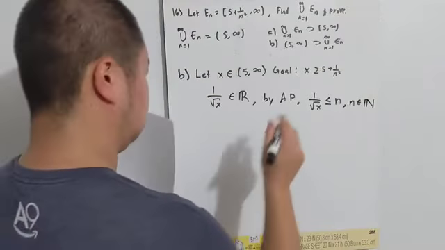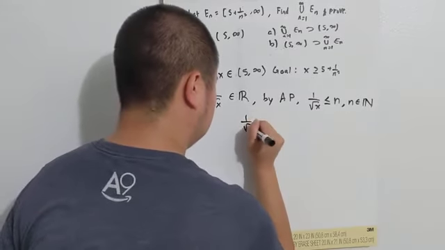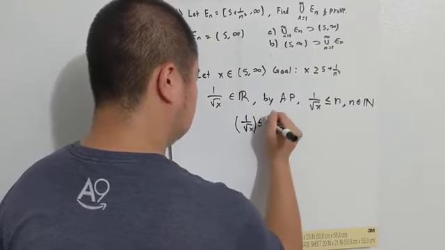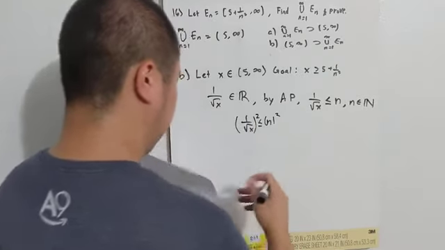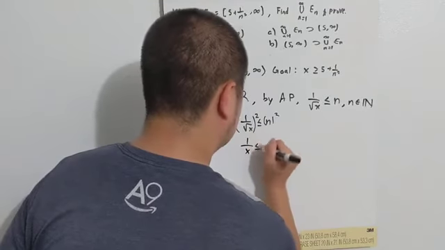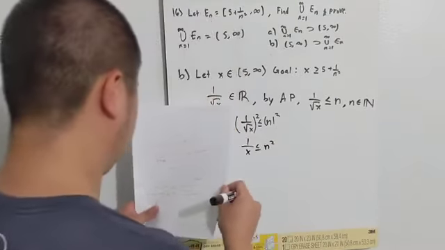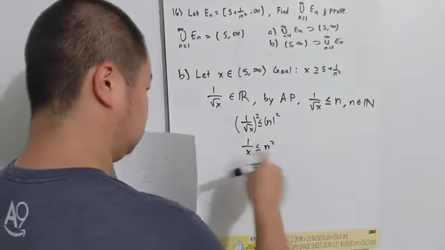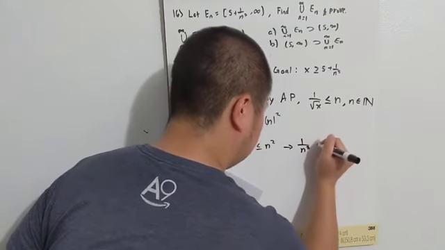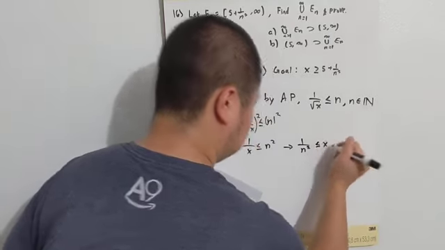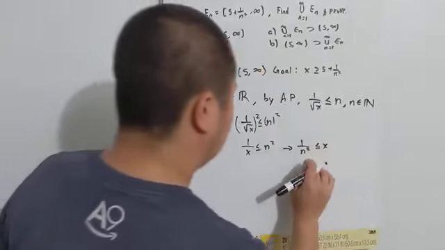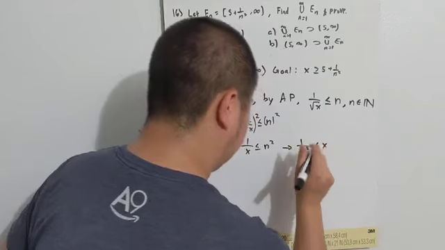Okay, so from here, we square both sides. We see that 1 over x is less than or equal to n squared. Rearranging this equation, we get 1 over n squared is less than or equal to x. So with this, I'm going to add 5 to both sides.